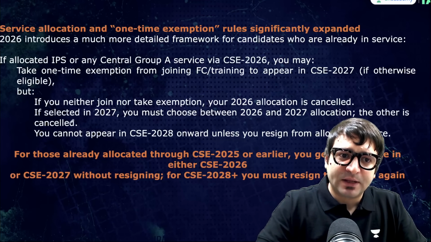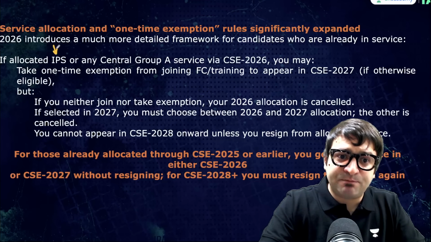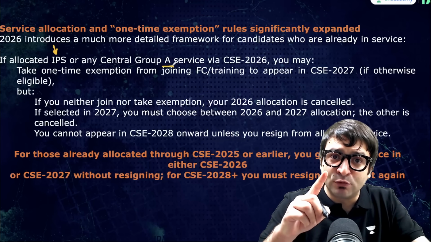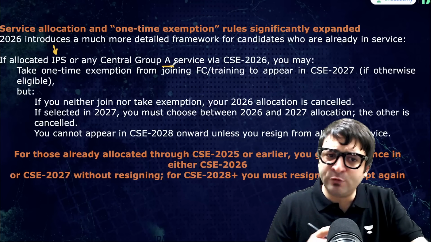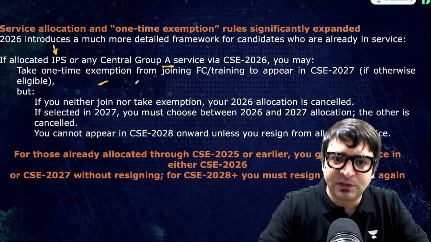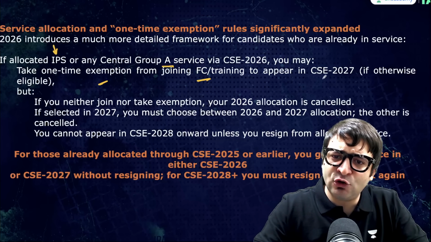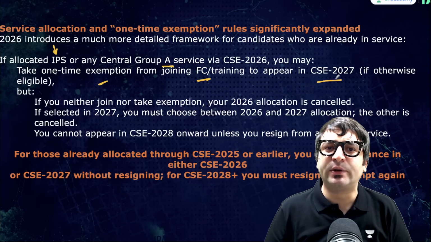Something else. If you are allotted IPS, and this is where it becomes significant, or any central group A service, you may take one-time exemption, you may not join the foundational course or training, and you may appear in CSE 2027.